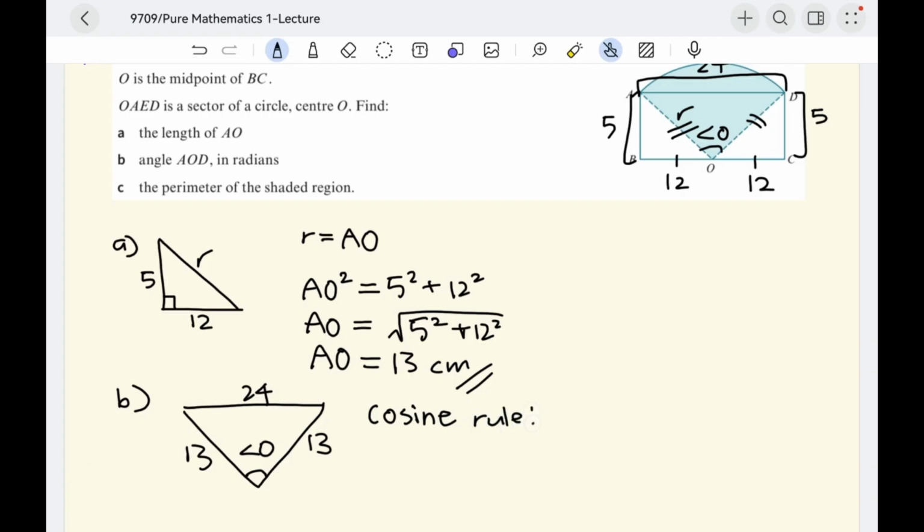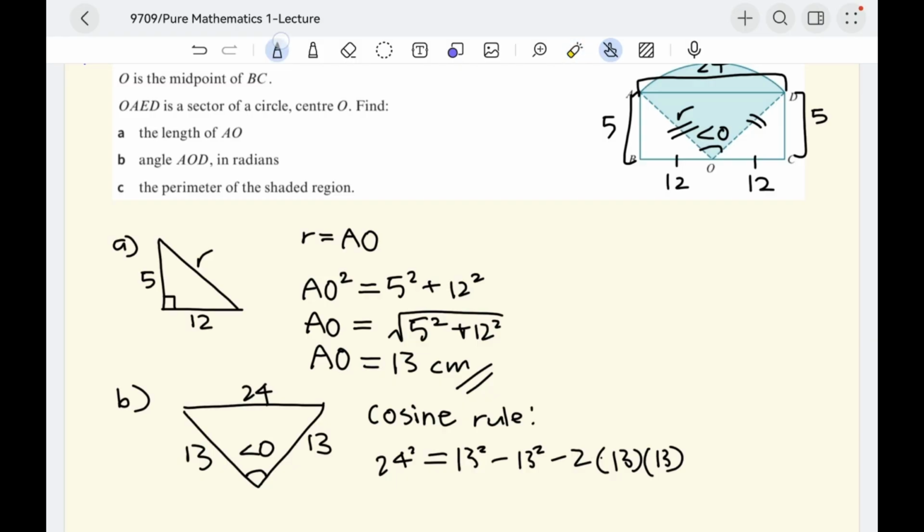So use the cosine rule: the square of a length which is opposite to the angle equals the sum of the squares of the rest of the two sides, and subtract twice the product of the 2 sides and the cosine of the angle. Where the angle is in radians.